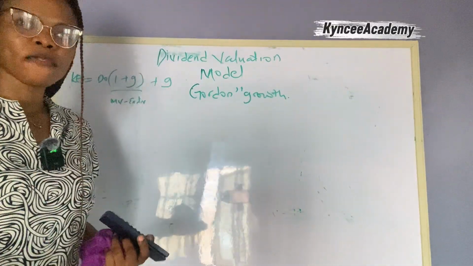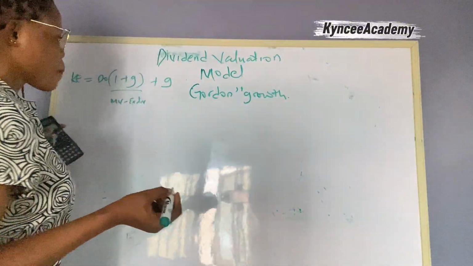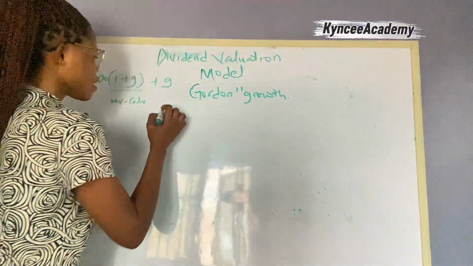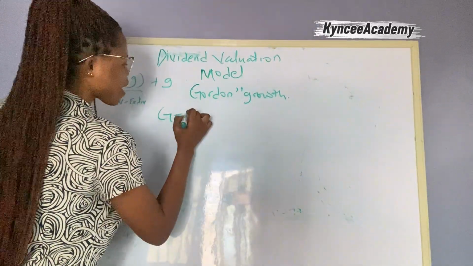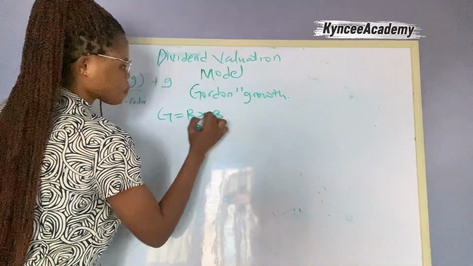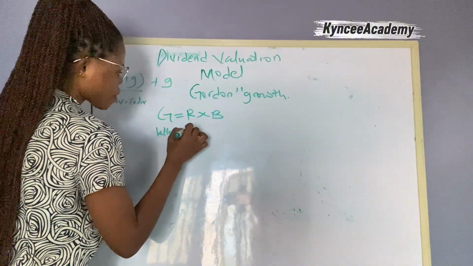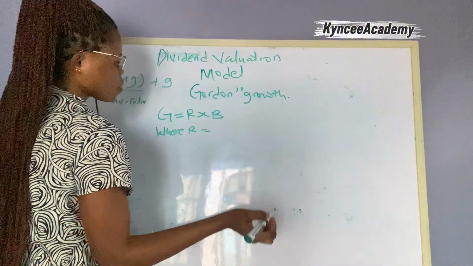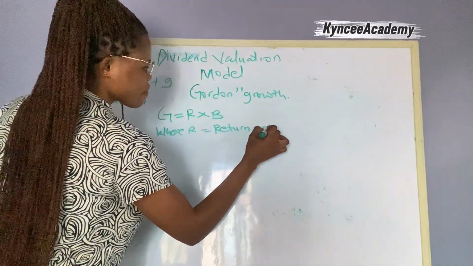So when we're looking for the growth rate in Gordon's growth model, g equals r times b, where r is the return on investments.